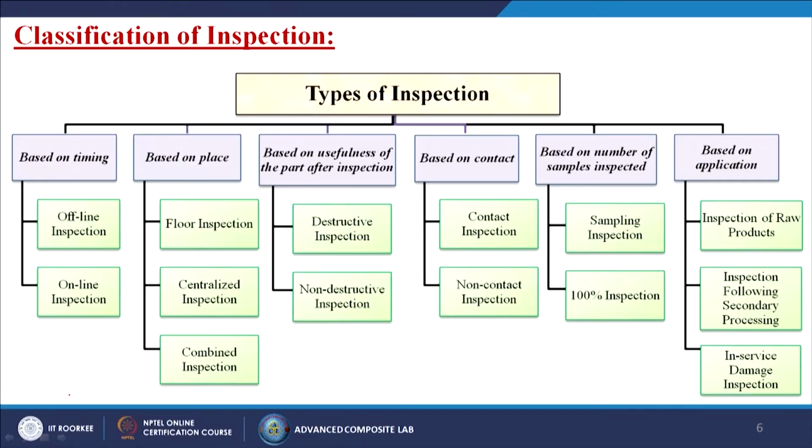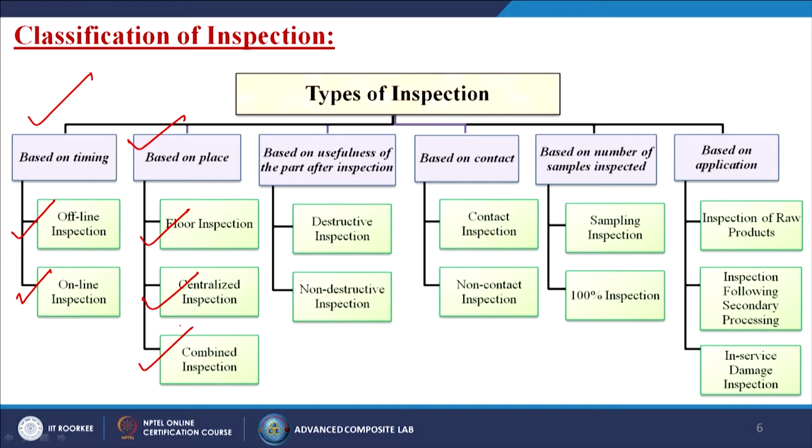Next, what are the classifications of inspections? There are a total of 6 broad classifications available for types of inspections. First is based on timing, either offline inspections or online inspections. Next is based on place, either floor inspections, centralized inspections or combined inspections.